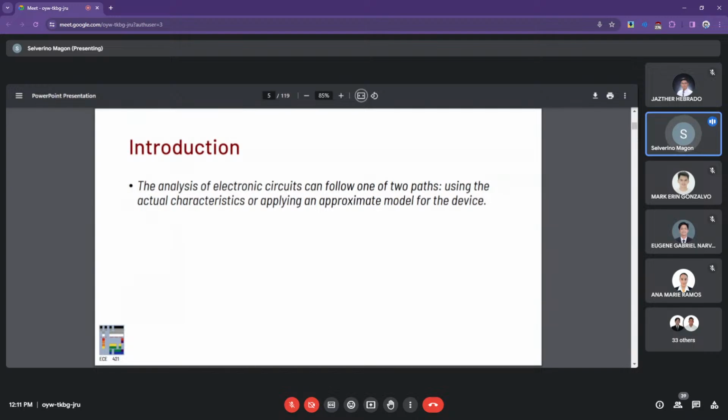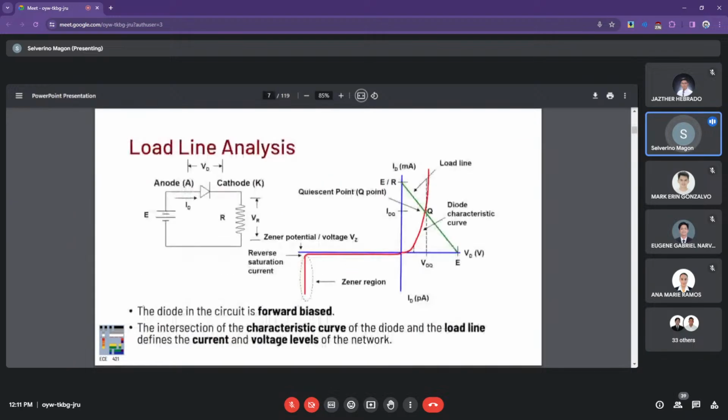So we can analyze electronic circuits using characteristics, or through the use of a model for approximating the device responses. In terms of load line analysis, we have covered previously the conditions of the forward bias.